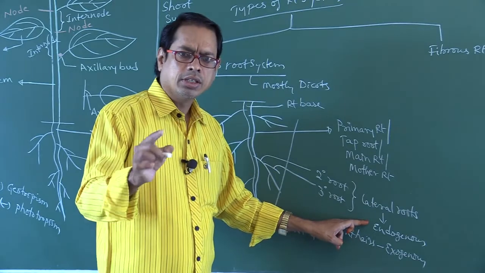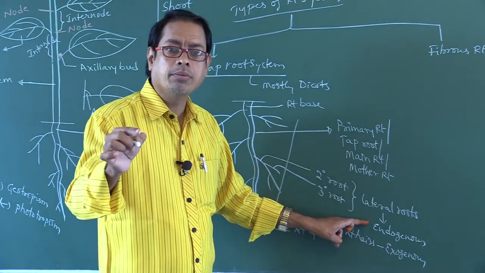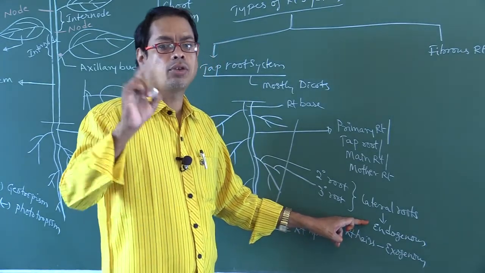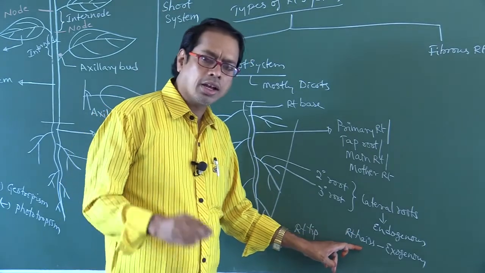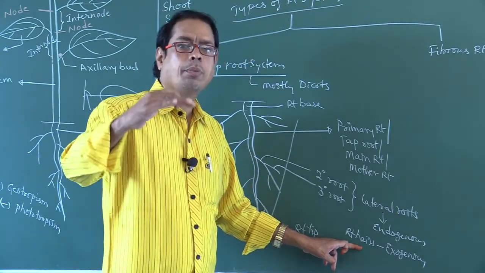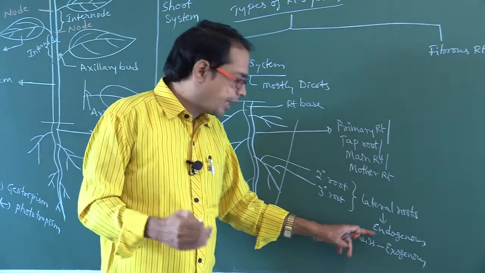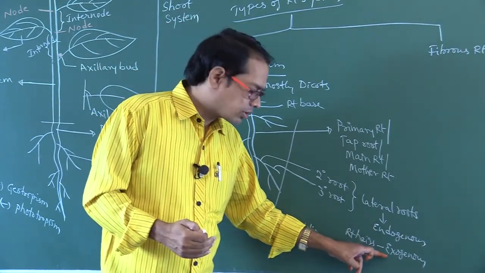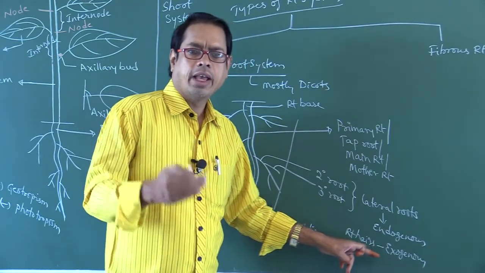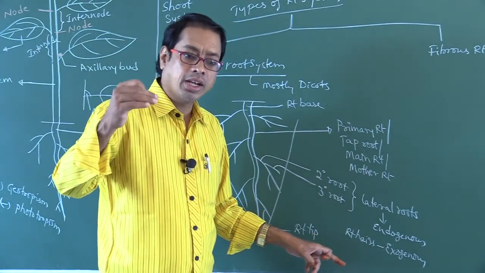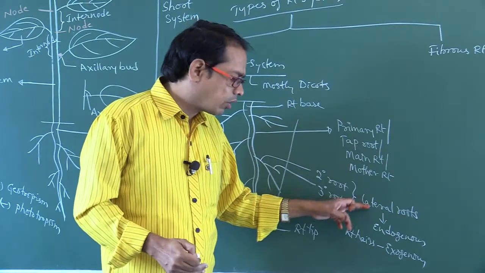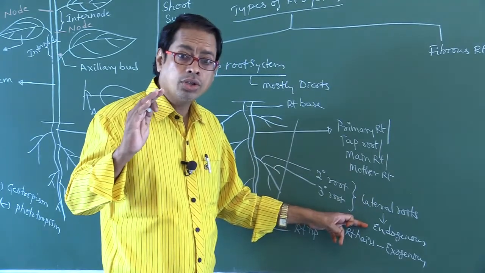Lateral roots are endogenous. Why? Because these lateral roots are developed from the pericycle of the root. Root hairs are exogenous, that is, from the peripheral part of the root. Endo means inside, exo means outside. As lateral roots are developed from the inner side of the root, they are so-called endogenous in origin.